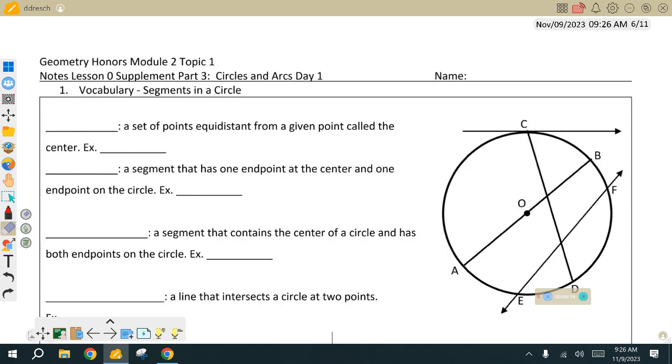All right. So we're going to go through and talk a lot of vocabulary here today, and a little bit more tomorrow, and do a little bit of application of this tomorrow. Some of this vocabulary we obviously know from prior years, and some of this vocabulary I don't know if we've ever talked about it. Okay. So as we see on this circle up to the side, we've got a lot of segments and lines happening, and each one has a special name.